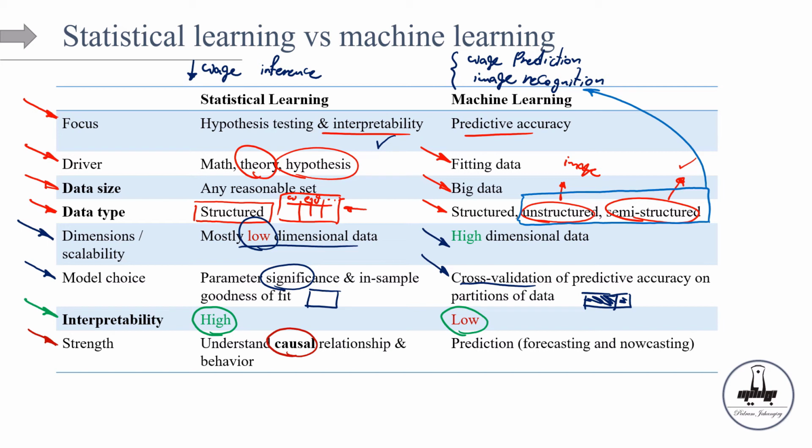And the strength point of the machine learning model is just its prediction, because in the machine learning world, we are more interested in making predictions. It's all about nowcasting, and more recently forecasting and nowcasting. Nowcasting basically means just using the real-time data.